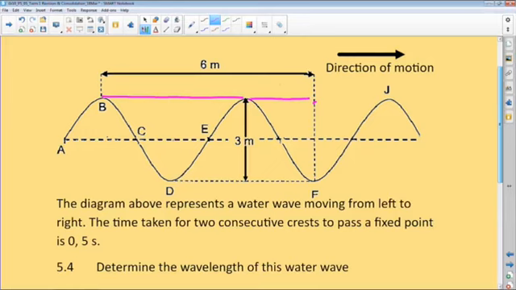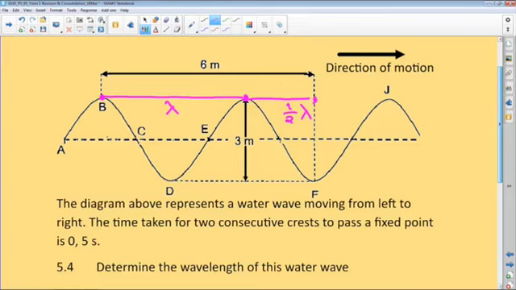This is our wavelength, and then this is half the wavelength. Because these two points are in phase and consecutive, from here to that point we've got half the wavelength. It's very important to understand that this 6 meters is divided into 3 to get half the wavelength. So two half wavelengths will make a single wavelength.